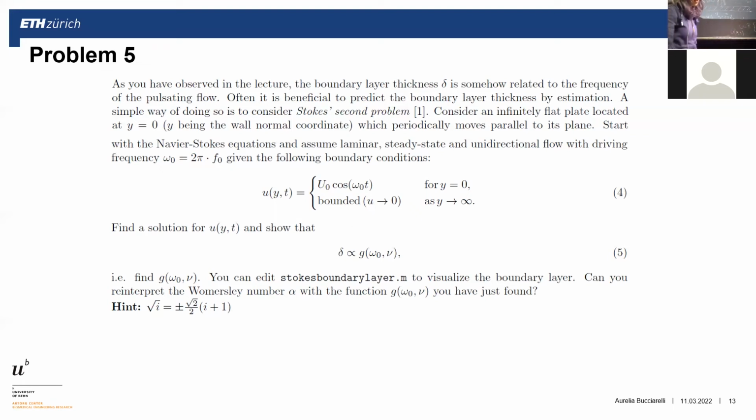To do that, you can take inputs and think where u0 becomes 0.05, I think. From there, you can calculate this boundary layer for 0.05.